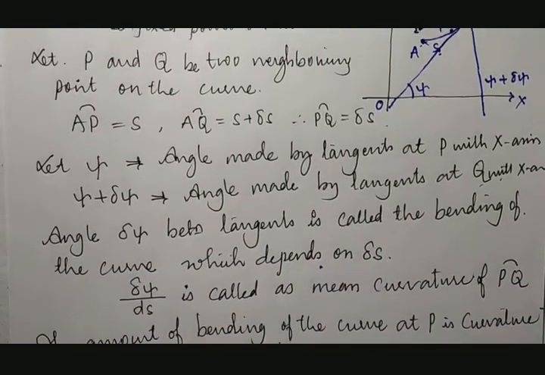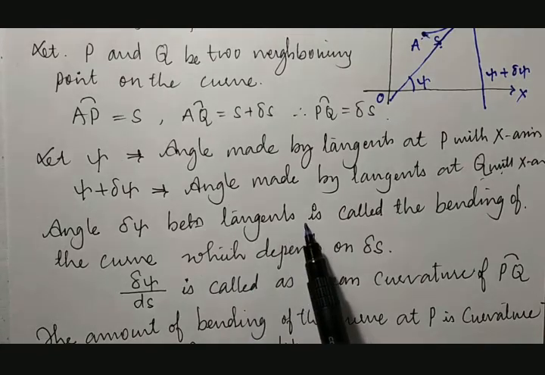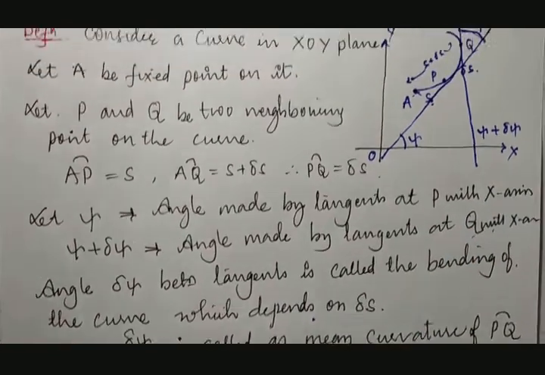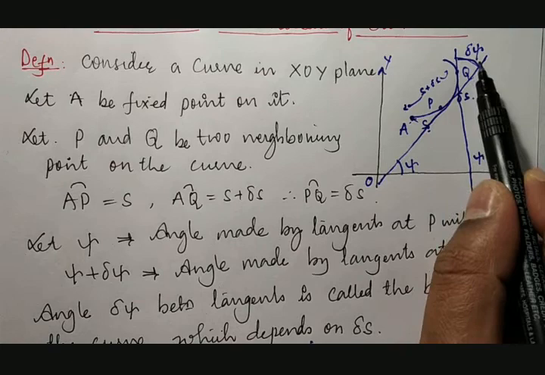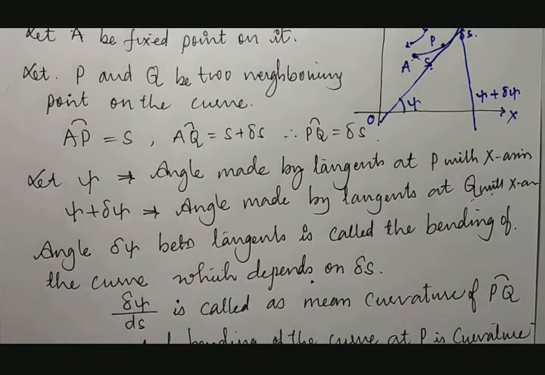Therefore, delta psi is nothing but the angle between these two tangents drawn. So that is called the bending of a curve, which decides the amount of bend. We can take a scissor as an example. If you take 2 points, if the distance between P and Q is more, then automatically that angle will be more.